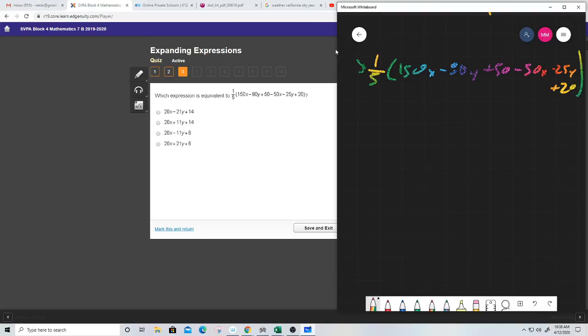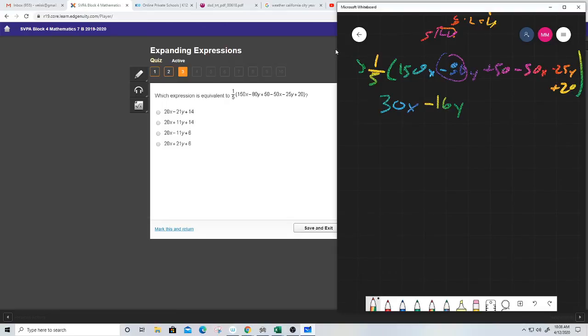But just to go through it, a fifth of 150, what's 150 divided by 5? Well, that's 30x. What is 80 divided by 5? Well, what's 40 divided by 5? 8, right? And since this is two 40s, 16, so negative 16y. Not there yet.